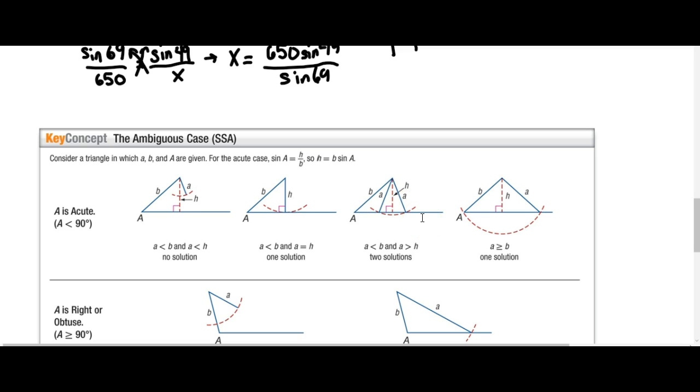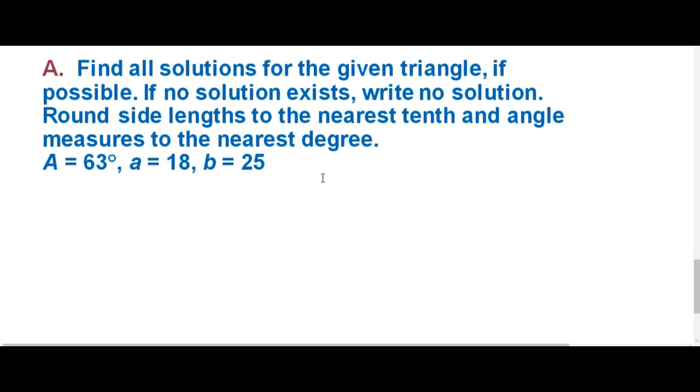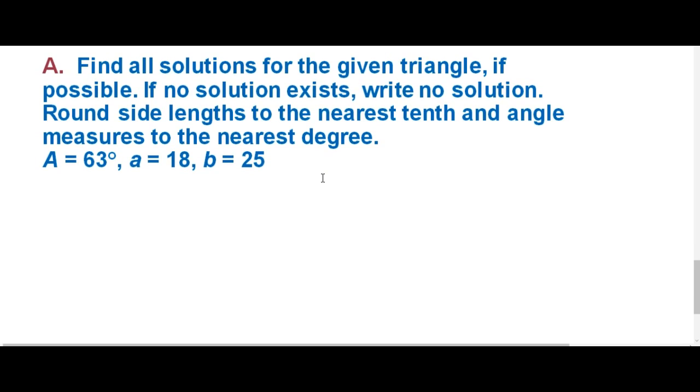So we're going to have to find H. Since the sine of angle A would be the opposite, which is H, over the adjacent, which is B, then when we solve that for H, it is going to be B sine of A. So let's solve for H, which would be B sine of A, or 25 sine of 63.